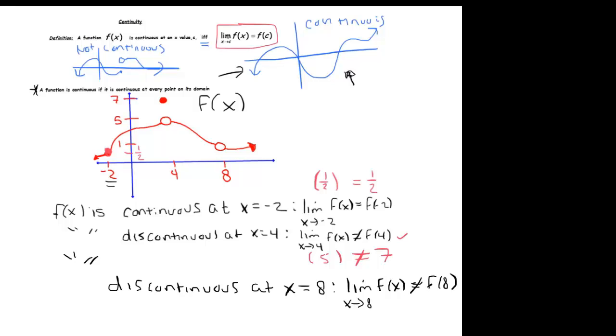So how do I know? Well, because the limit of f of x as x goes to 8 is 1. Looks like it's supposed to be a 1. But that's not equal to f of 8, which does not exist, right? There's no value of f of 8. There's no value associated with f of 8.